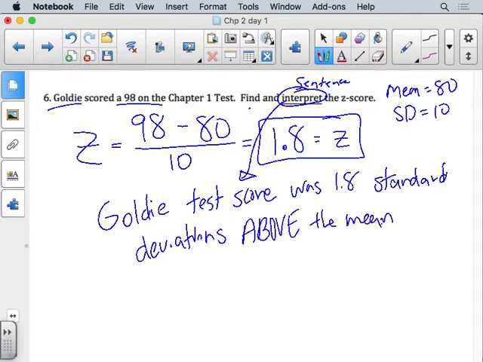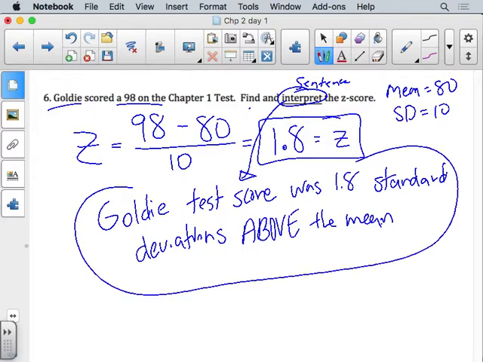And that's all an interpretation is. So Goldie's test score was 1.8 standard deviations above the mean. That would be my interpretation.